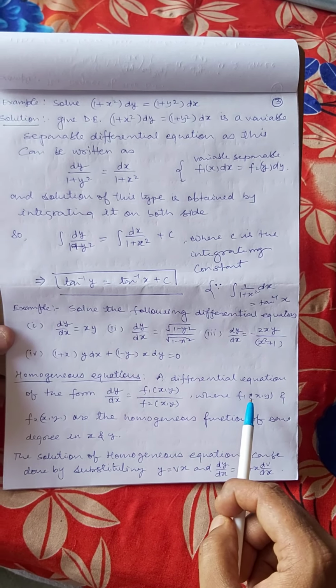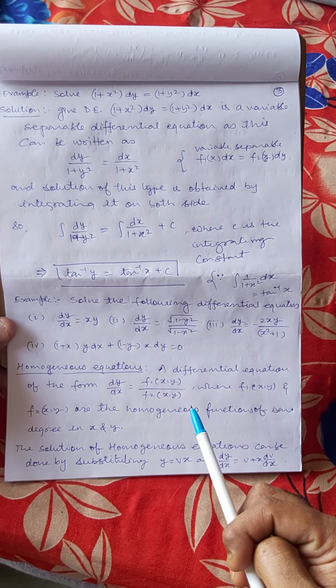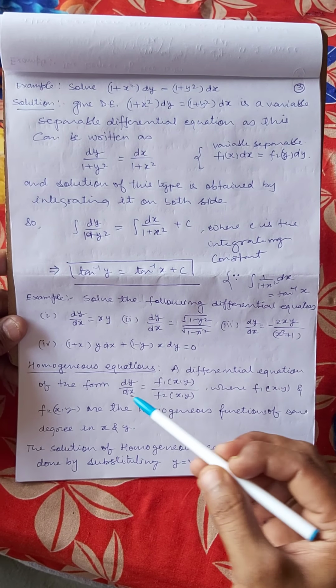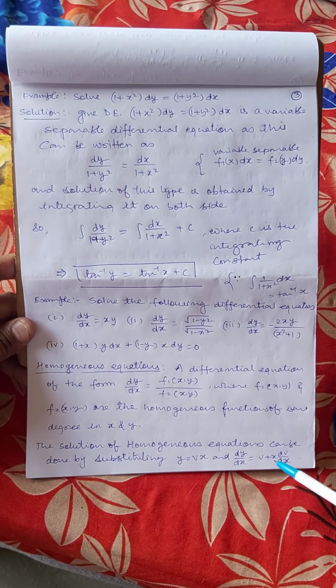This type of differential equation is known as a homogeneous differential equation, and it can be solved by substituting y is equal to v of x and dy over dx is equal to v plus x times dv over dx. After simplifying, we obtain a variable separable form which we have already solved. Let's see this by an example.